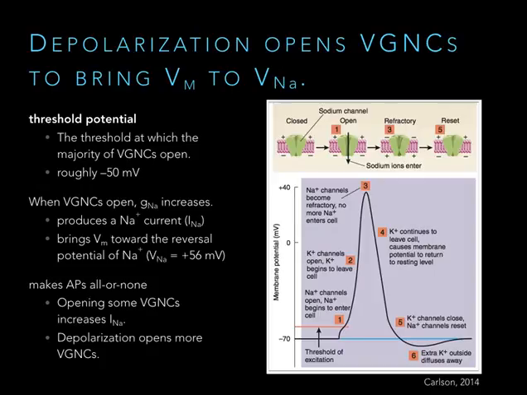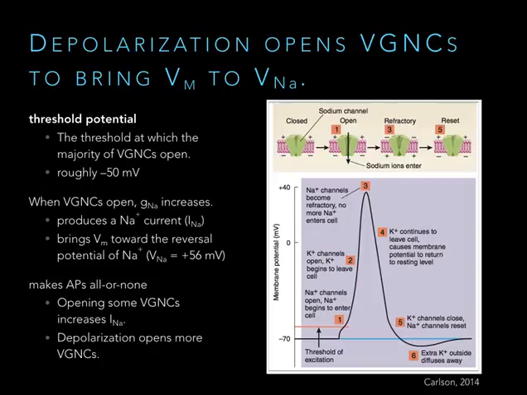When the voltage-gated sodium channels open, then our conductance for sodium dramatically increases. In other words, we're going to move our membrane potential toward the reversal for sodium. So we're going to approach positive 56. Okay, we probably won't hit it because before that, we're going to get some inactivation. But we're going to move toward it.